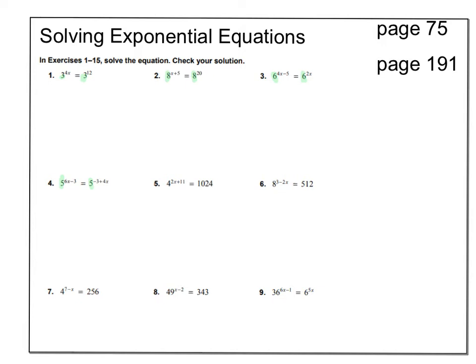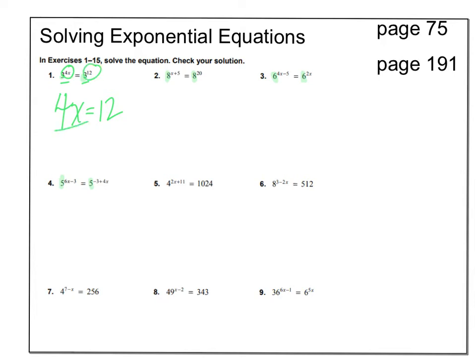Looking at number 1 and 2 and 3, when the bases are the same, then the exponents are equal. So I can go straight to solving for x by writing the equation 4x equals 12. When the bases are the same, the exponents are equal.